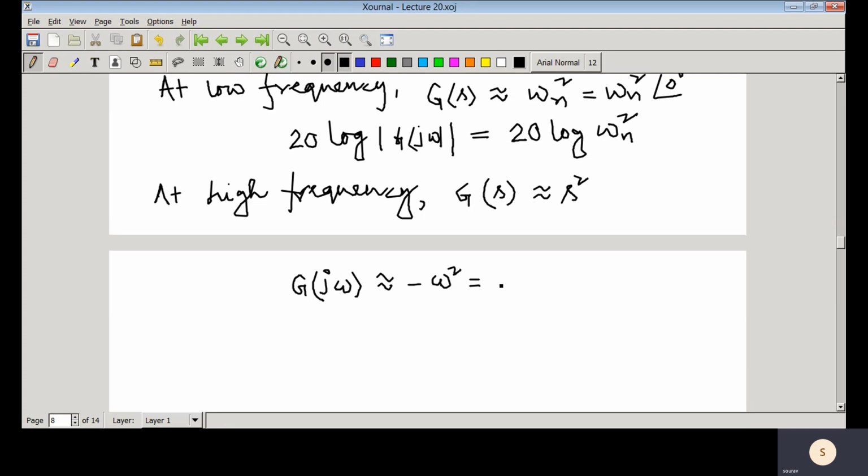Then we can write it in phasor form, that is omega square, and angle is 180 degree.